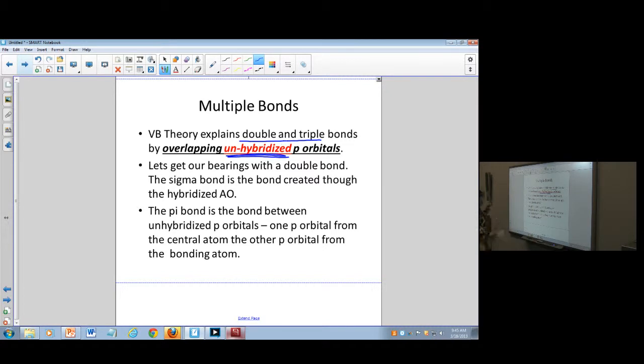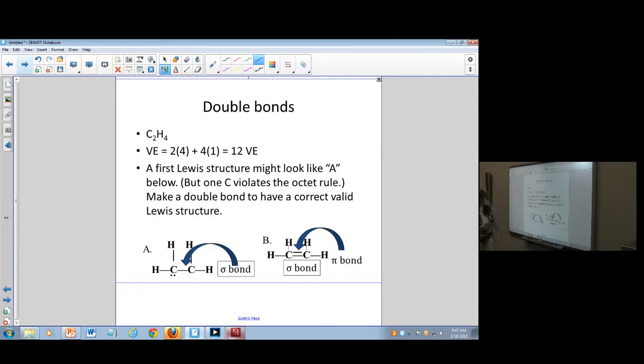So let's draw, in this case, ethene. You don't need to know that name, but C2H4. That has 12 electrons, and when we first set it up, we would try to get everything to have an octet, and so you'd end up with a structure as a first attempt that looks something like this.